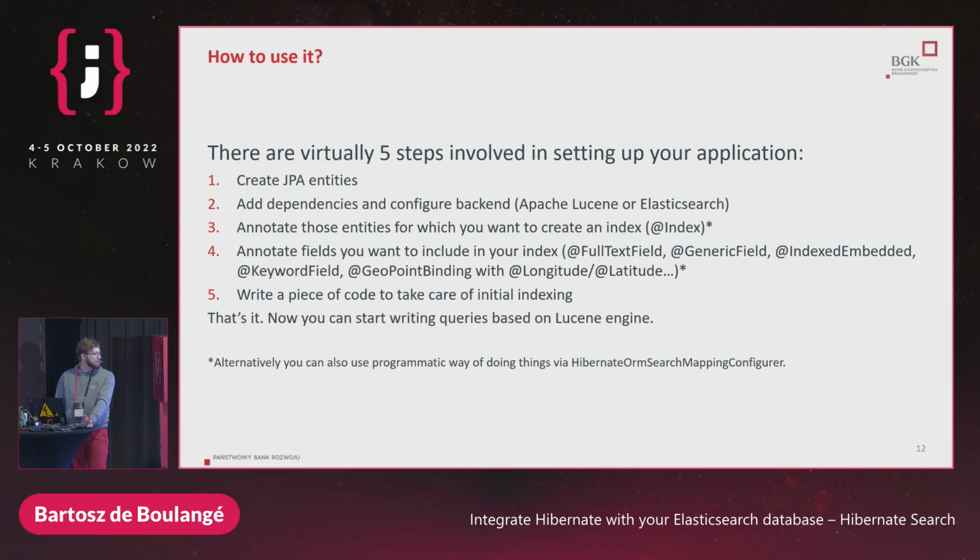And at last, we have to write a piece of code to take care of initial indexing. So when we write this, we declare that we want to have those annotated fields transformed, mapped into NoSQL model, and we get everything out of SQL database and update our NoSQL database.